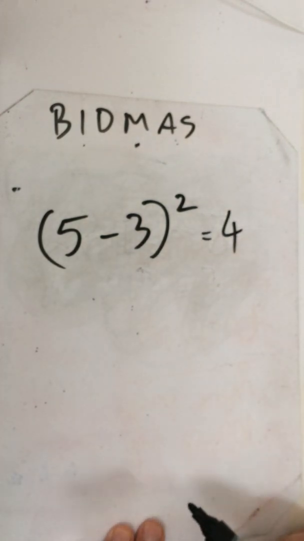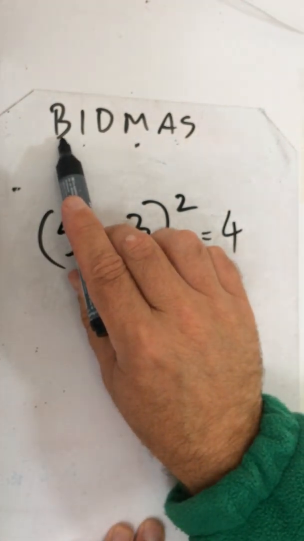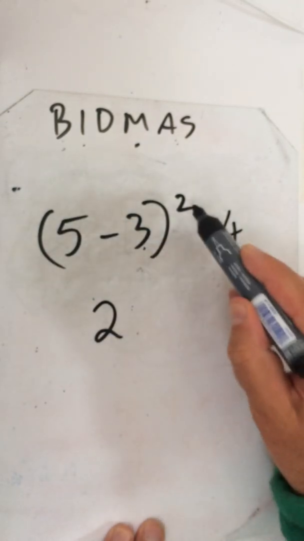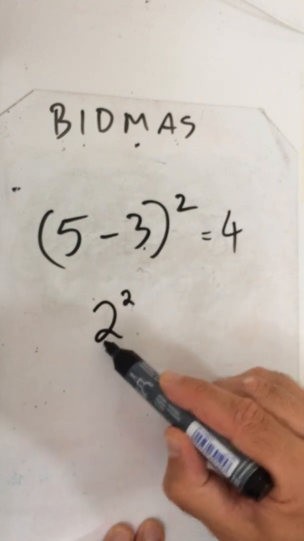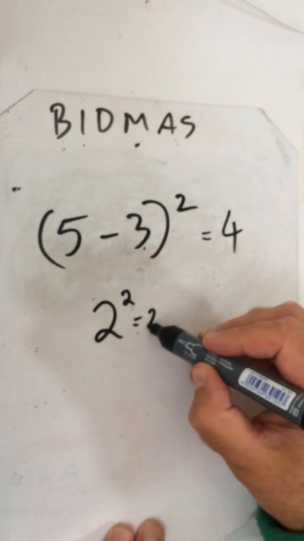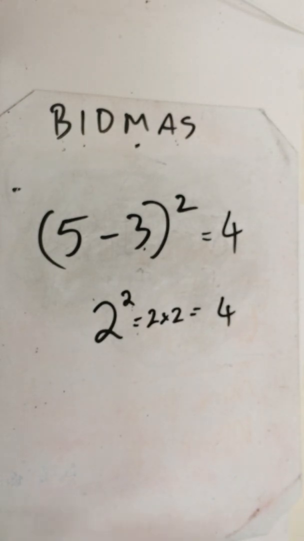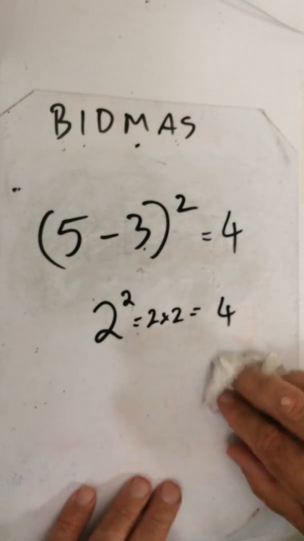Well done if you got that. We have to do the brackets first. 5 take away 3 is 2. Then we do the squared. 2 squared, which is the same as 2 times by itself, 4. Good.